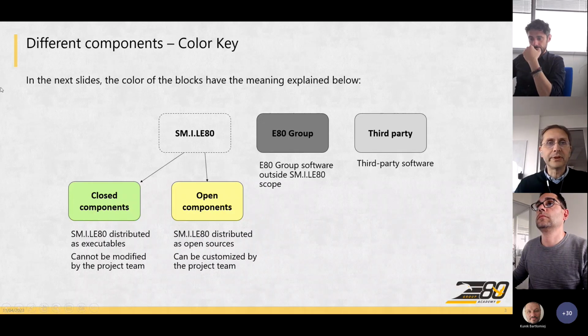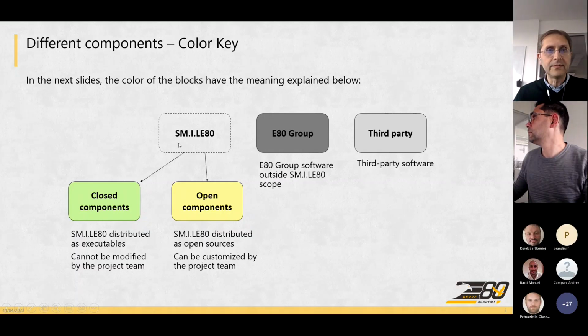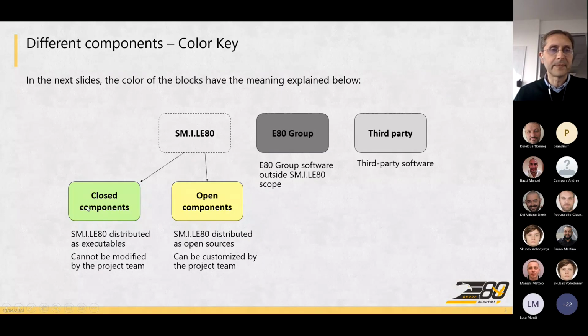In this module, we are going to have quite a few diagrams that show the components and their connections, and we will consistently follow this color key. When you see components colored in green, it means that these components are closed. So they are distributed as executables, and they cannot be customized for the project.